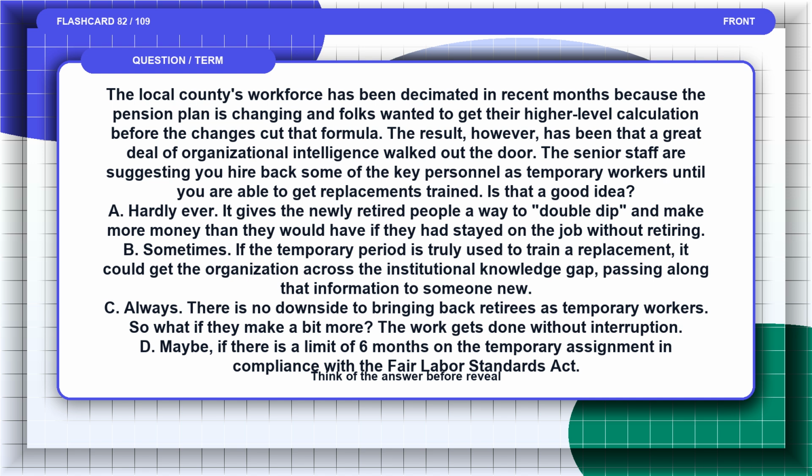Always, there is no downside to bringing back retirees as temporary workers. So what if they make a bit more? The work gets done without interruption. Maybe if there is a limit of 6 months on the temporary assignment in compliance with the Fair Labor Standards Act. Pause and think of the answer before the reveal.